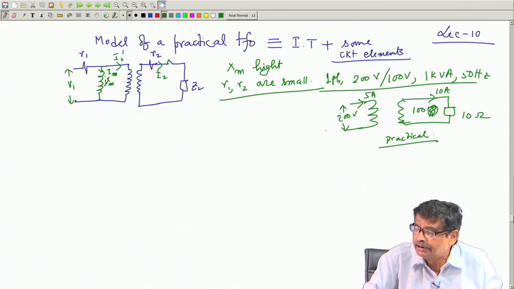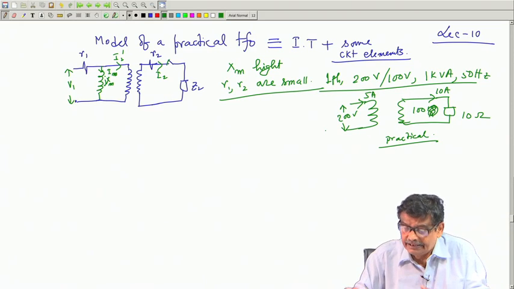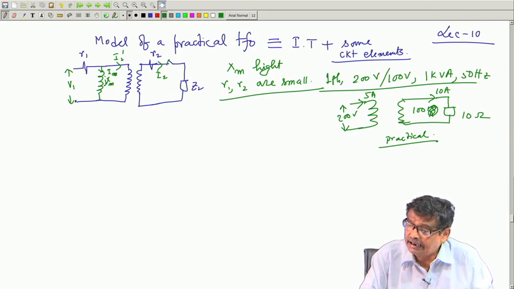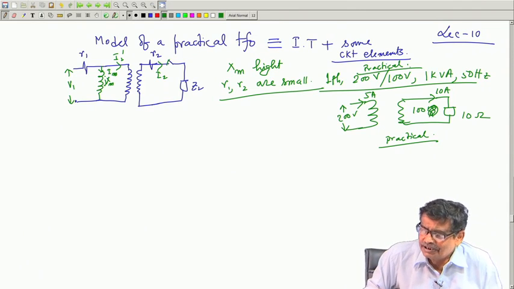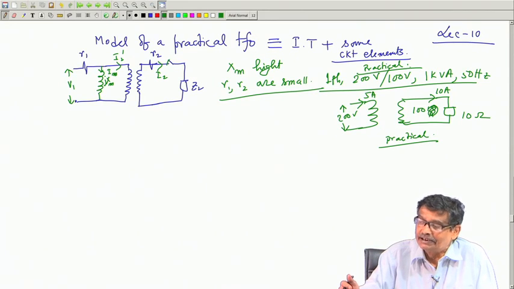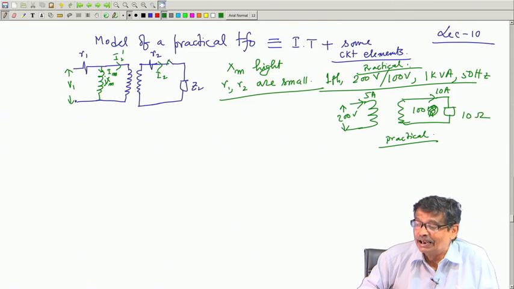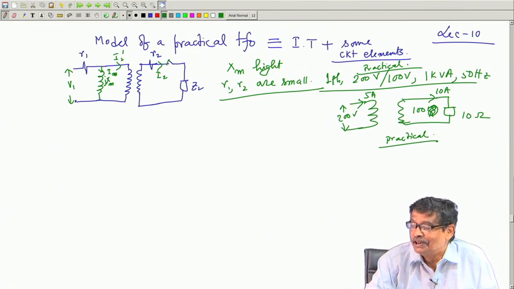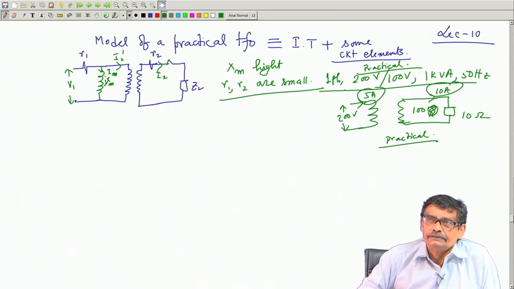This is a practical transformer, but for quick calculations you do this. If you really connect 10 ohm and 200 volt to the practical transformer, you will not be very far away from this 10 ampere and 5 ampere; it will be very close.